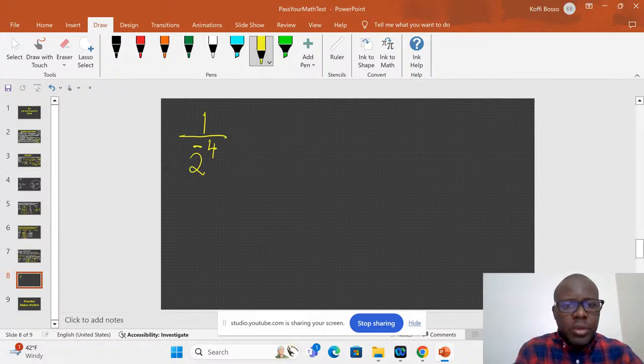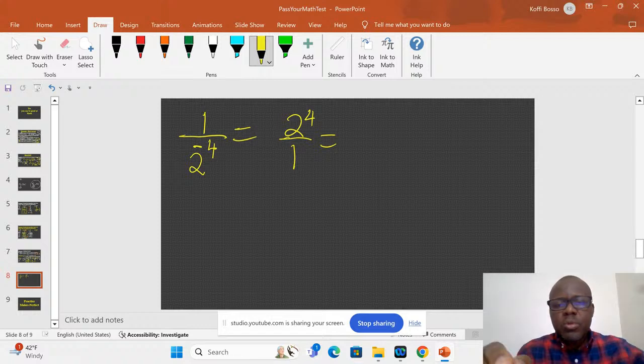So here you're going to have 2 to the fourth power. When you switch, the sign changes, and then you have a 1 on the bottom. 2 to the fourth power is 2 multiplied by 2 multiplied by 2 multiplied by 2, which is 16 over 1, and the answer is just 16.